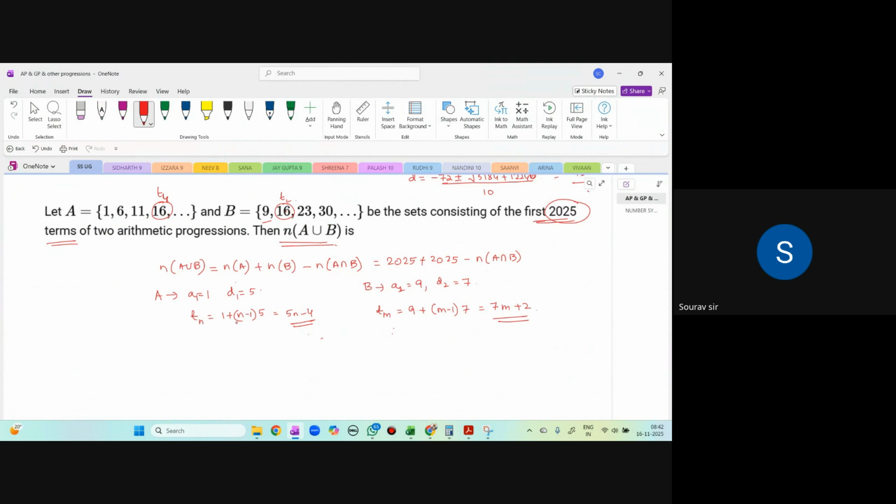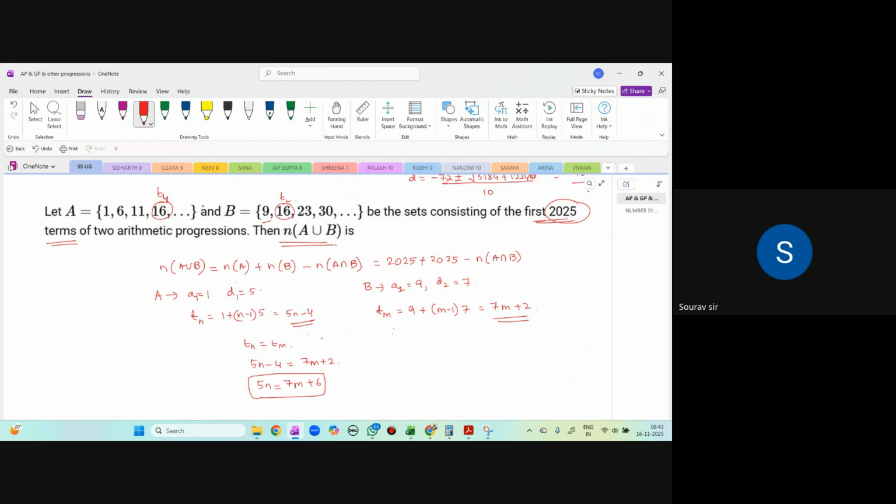Which is already there. So therefore, if Pn has to be equal to Pm, then 5n minus 4 has to be equal to 7m plus 2. That means 5n equals 7m plus 6.